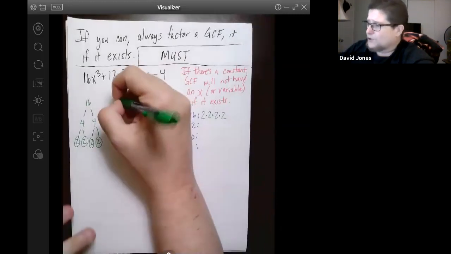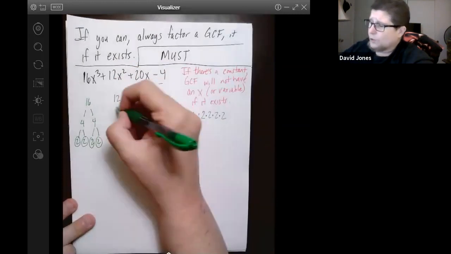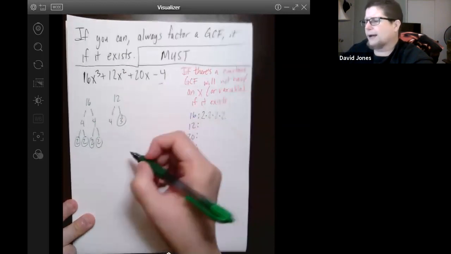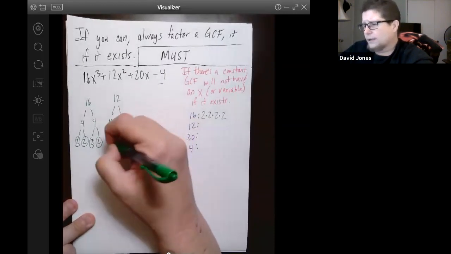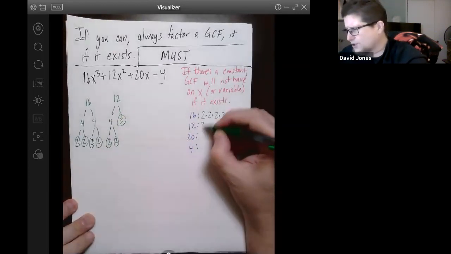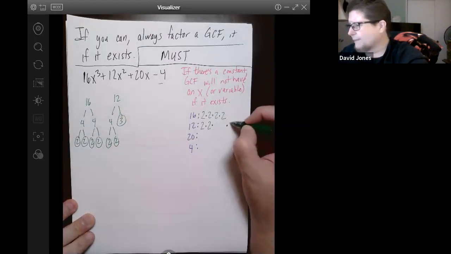I'll do the same thing with the 12. 12 is 4 times 3. 3 is prime. 4 is 2 times 2, and those are prime. So 12 is 2 times 2 times 3. I'll stack up 2's. I'll make a new column for 3's.